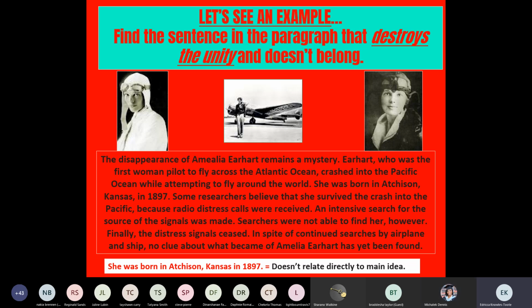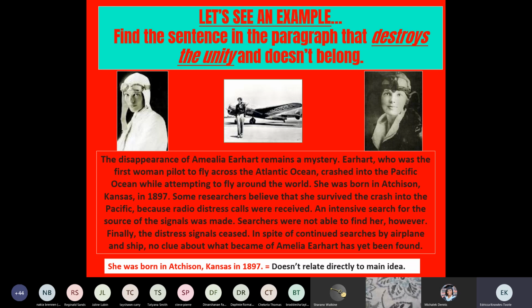An intense search for the source of the signals was made. Searchers were not able to find her. However, finally, the distress signals ceased. In spite of continued searches by airplane and ship, no clue about what became of Amelia Earhart has yet been found. Okay?